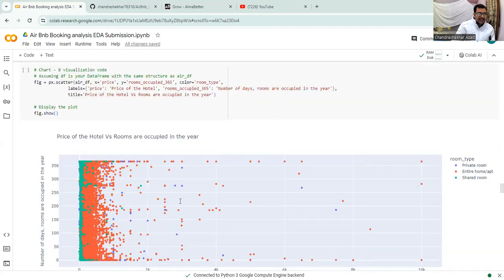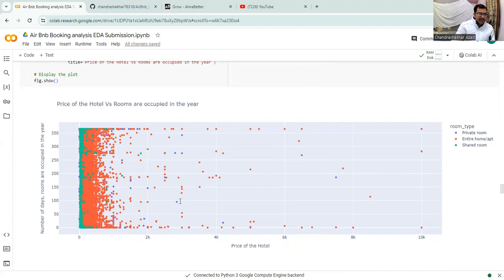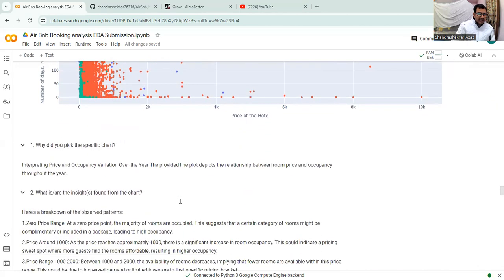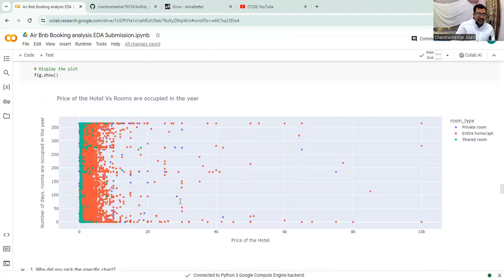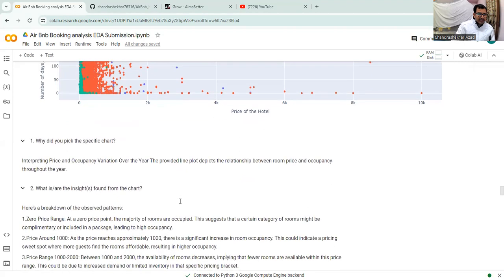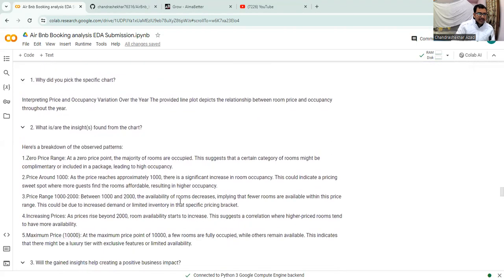The next chart is the scatter chart between the number of days rooms are occupied in the year and the price of the hotel. From this chart, we have some key points. First is the zero price range. At the zero price point, the majority of rooms are occupied.